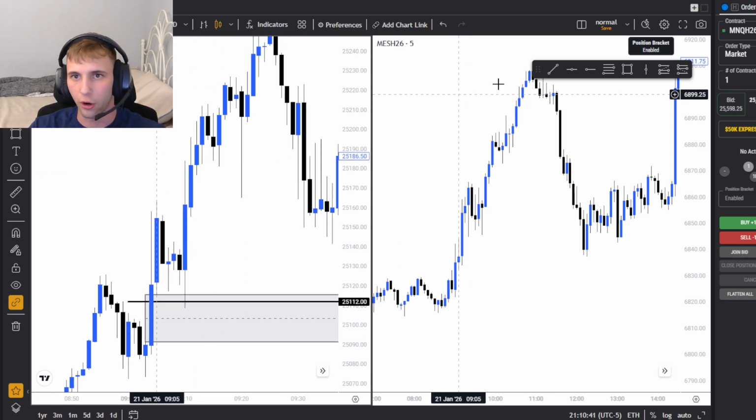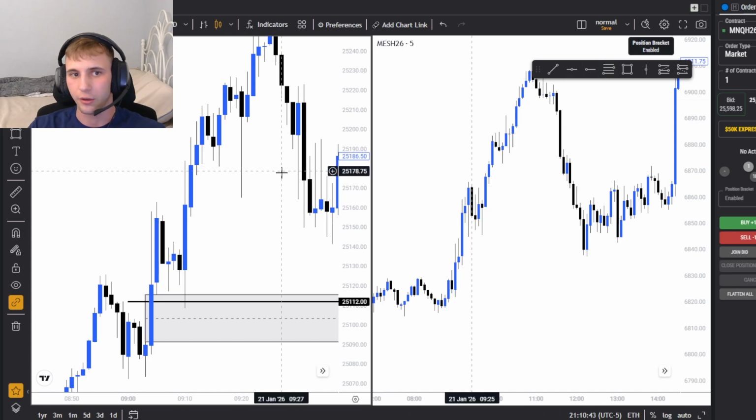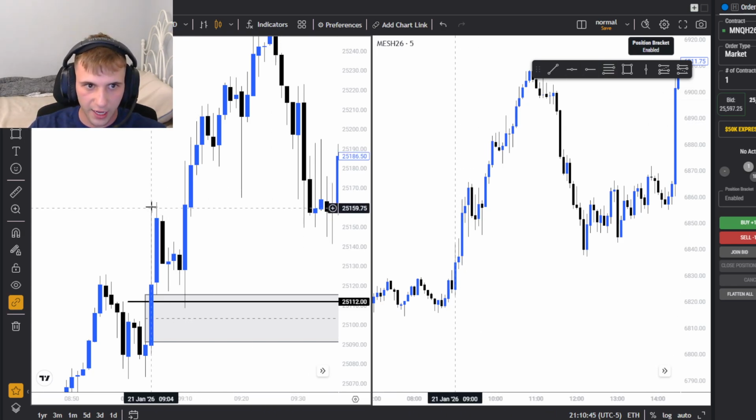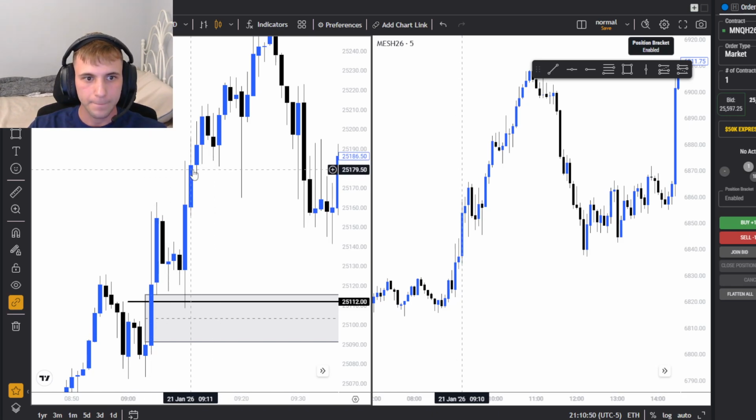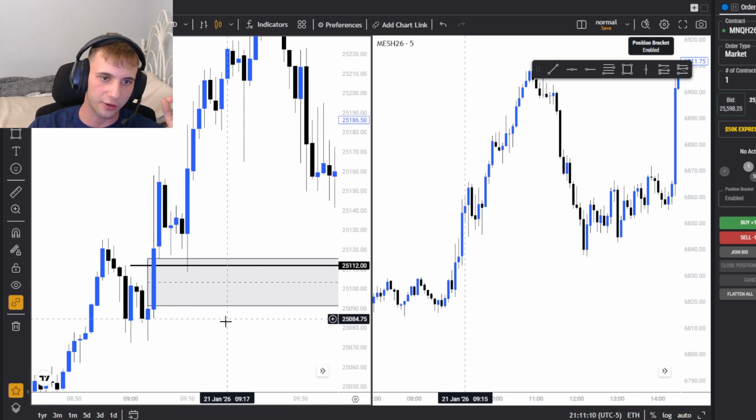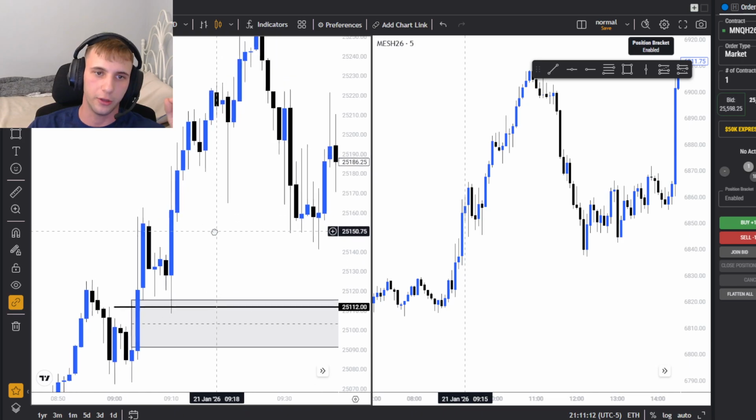So even if you are entering right over here, which is higher than when buyers were getting exhausted right here, you still got more safety. You still got more of a reason. You got more of a safety net, right? You know that the probability of price coming back down here again is very low.